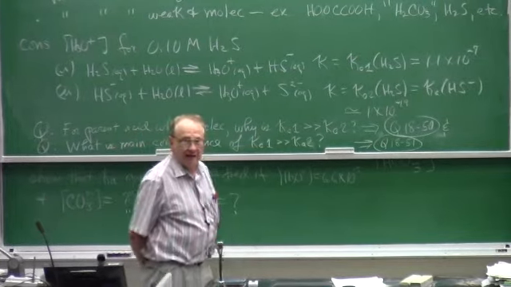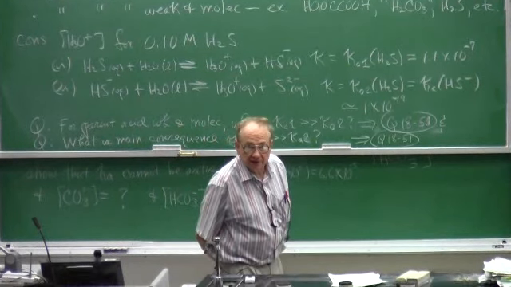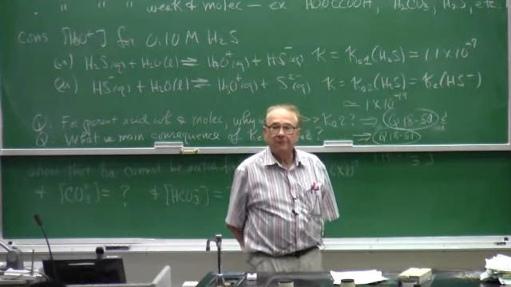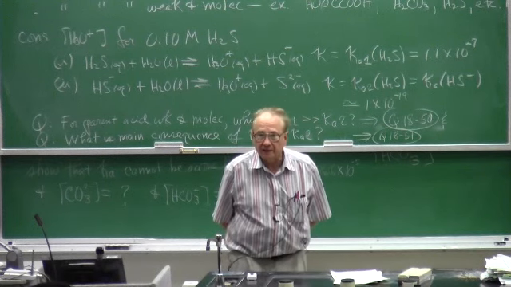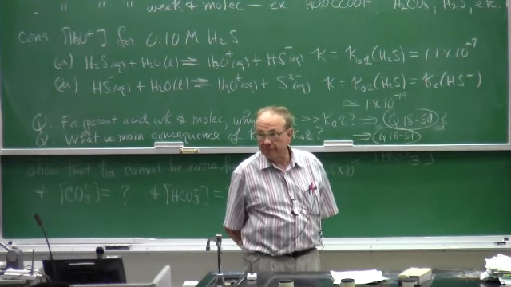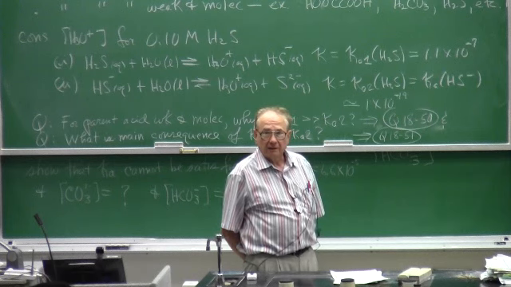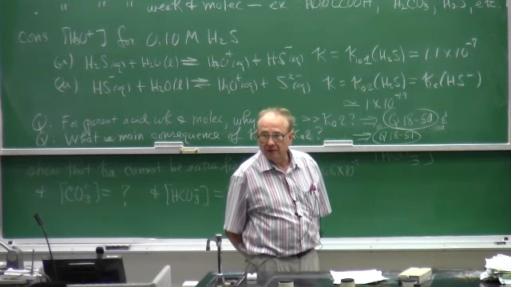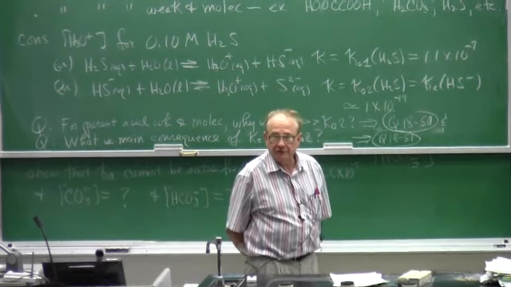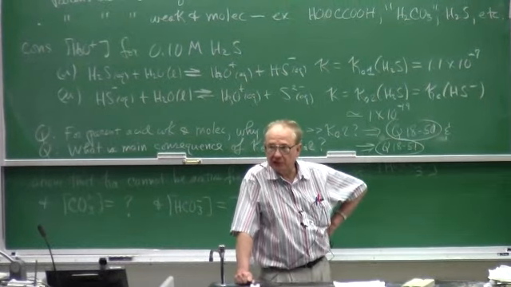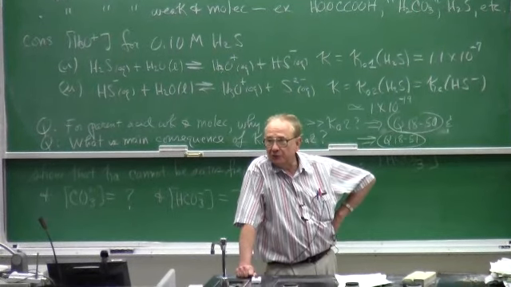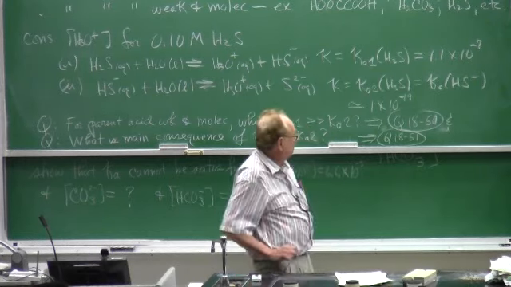When you look at the second ionization or subsequent ionizations for a parent acid which is molecular, these K values get very small because you have to fight Coulomb's law. You have to fight the strong attraction between H plus and the negative species from which you're trying to extract this H plus.